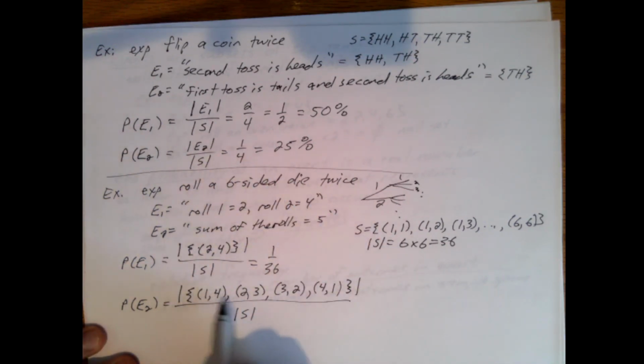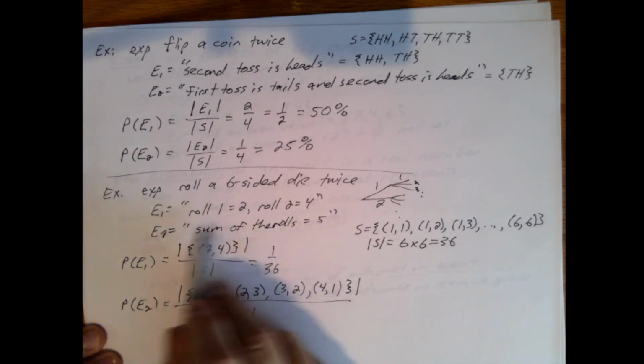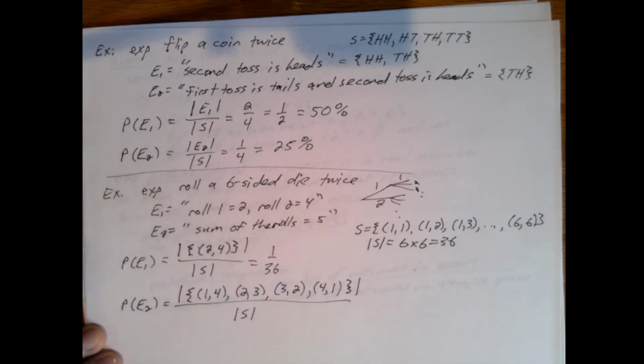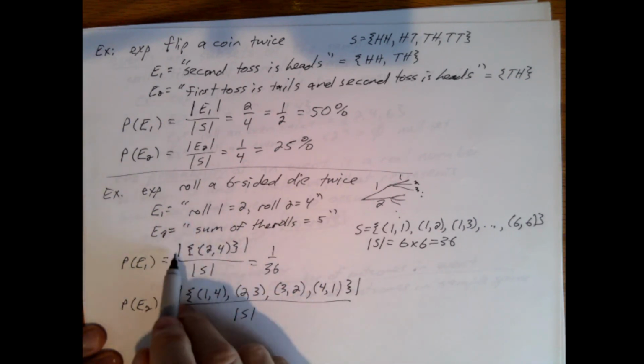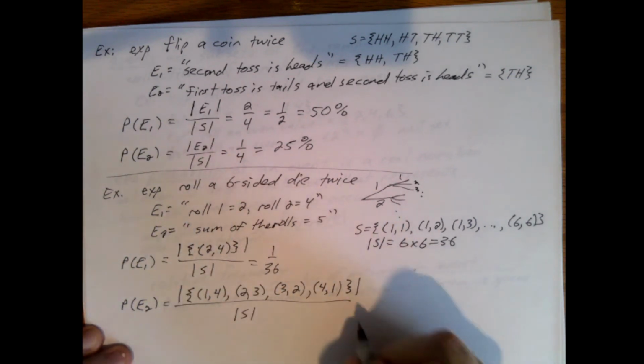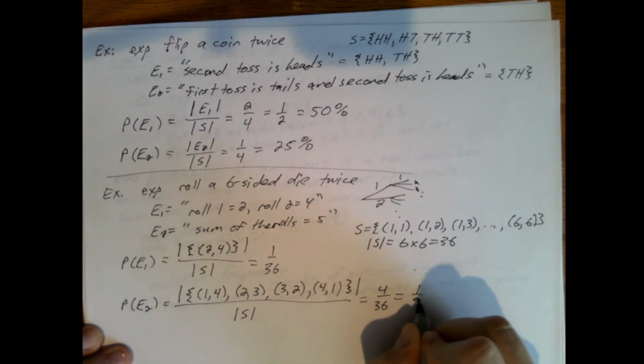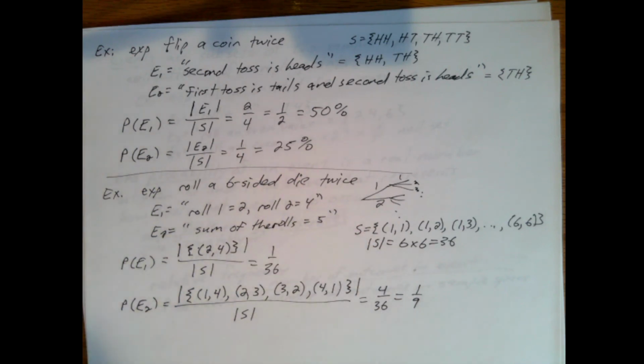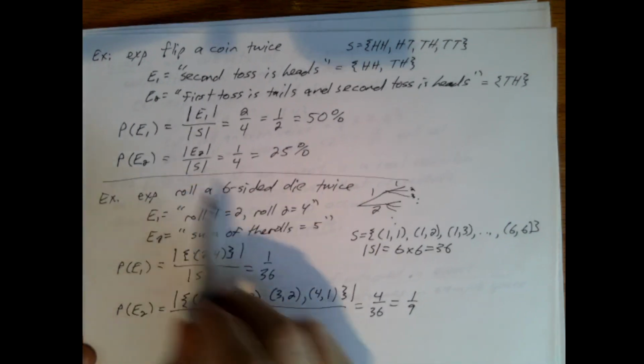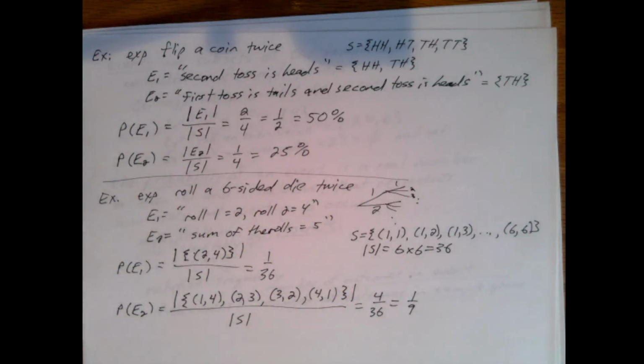See, here a 1-4 and a 4-1 look like the same thing if I'm not paying attention to which die is which. But they're really two different things if I think of there being a die 1 and a die 2, right? So now we have 4 out of 36, which is 1/9. That would be the probability here. So there's sort of the basics of this. We'll pick up on some more complicated examples in my next video.